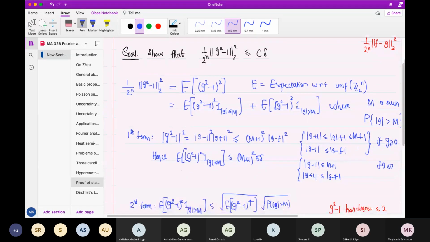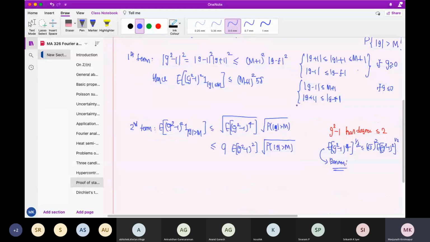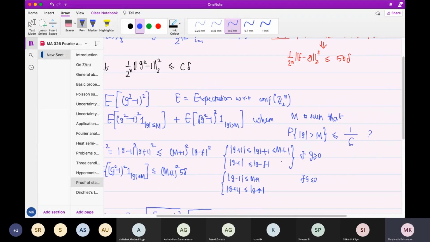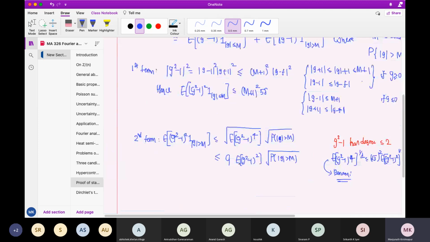So, okay, sorry, that was not related to that C. Actually, that C is in the conclusion. I wrote something here. It's not 1 by C. It's a pure number I can write from here. I want this to be smaller. So I want to write this is less than or equal to 1/2 expectation of (g square minus 1) the whole square. So what is this? I want this to be smaller than how much? 9 by, I want that 9 into 1 by 18 or whatever. 1 by 36, right?